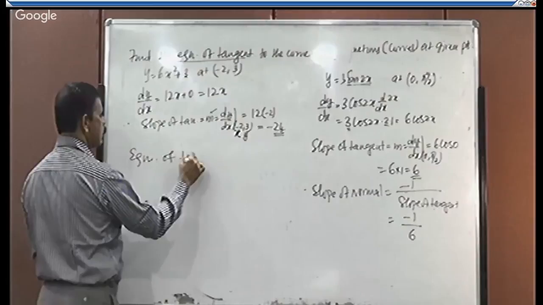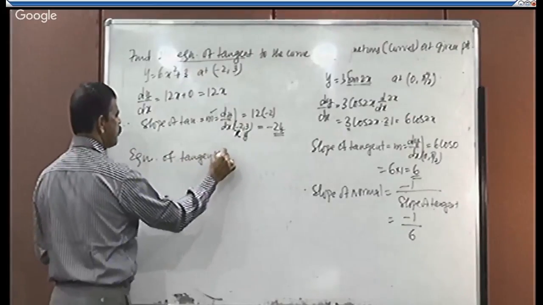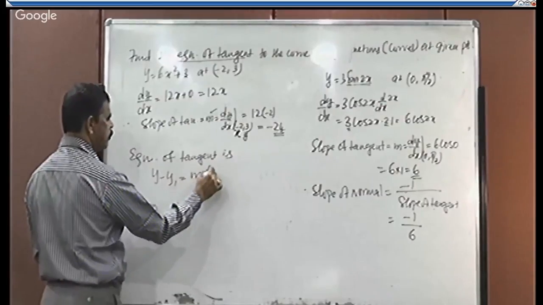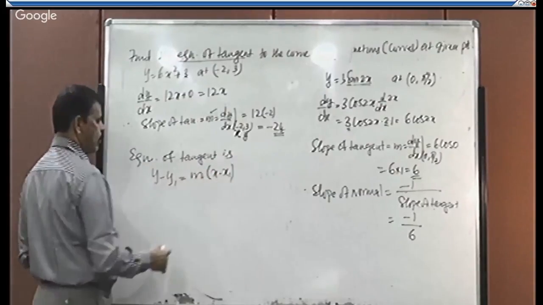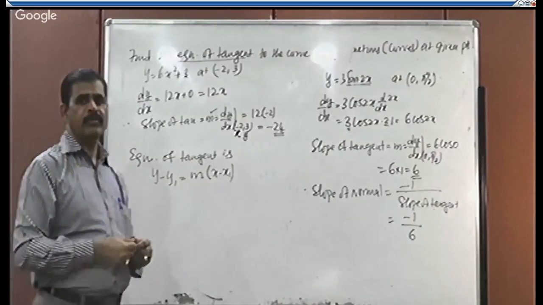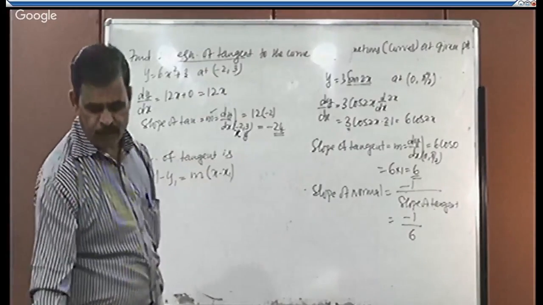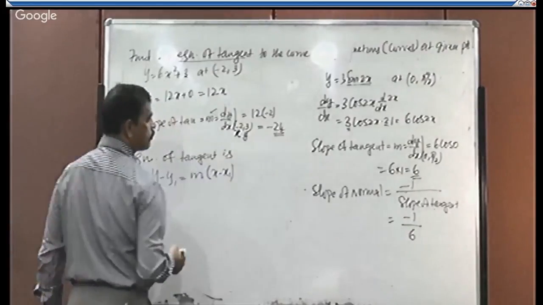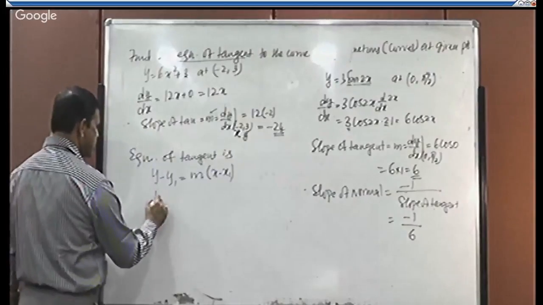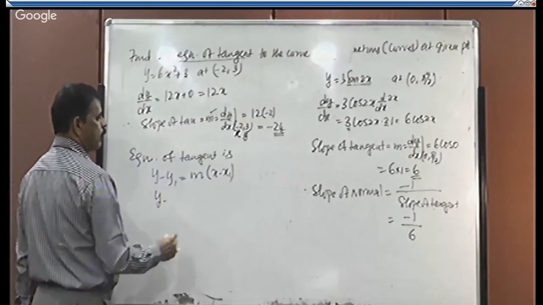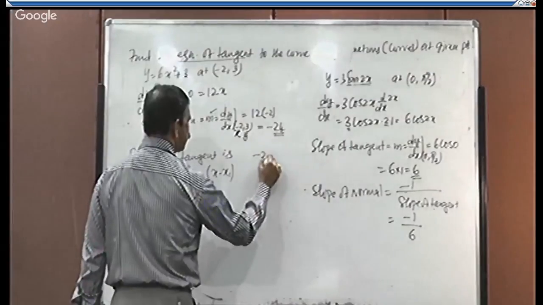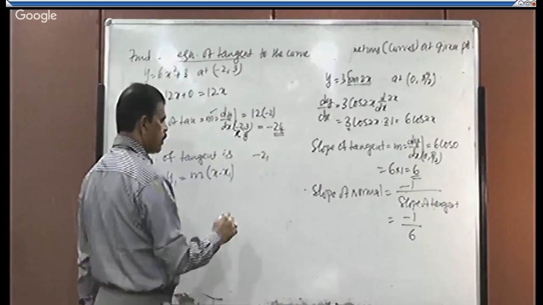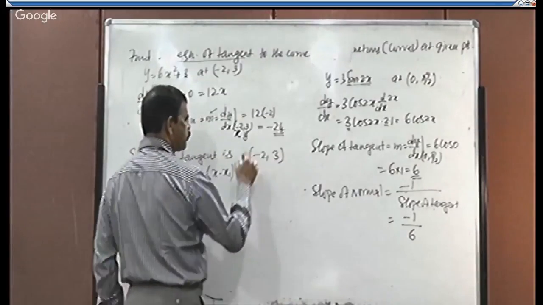Equation of tangent is given by y minus y1 is equal to m into x minus x1. What is m? m is the slope of tangent that we have obtained here. It is minus 24. What is y1? The same point that we used to get the slope will be considered as x1 y1, which is the passing point.